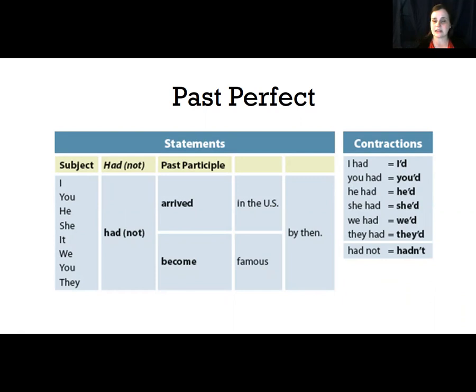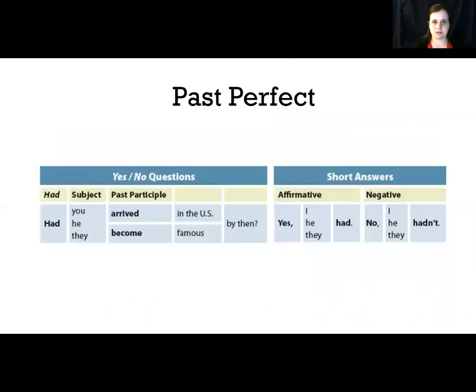Okay, you're more likely to hear people say, I'd arrived in the US by then than I had arrived. Okay, in written English, you might not see it quite as much, unless you'll see it in texts, emails, kind of casual writing, but in academic writing, you won't see it quite as much. All right, so that's just kind of the basic structure.